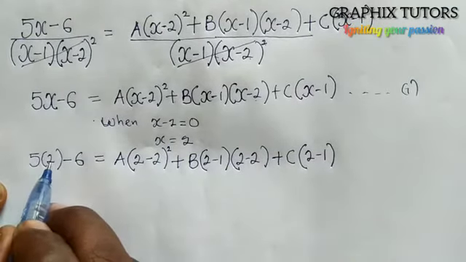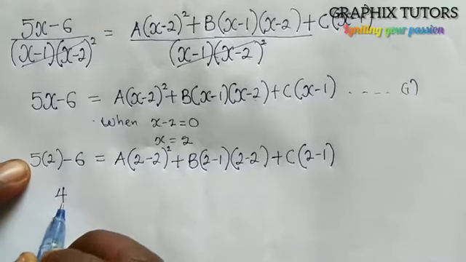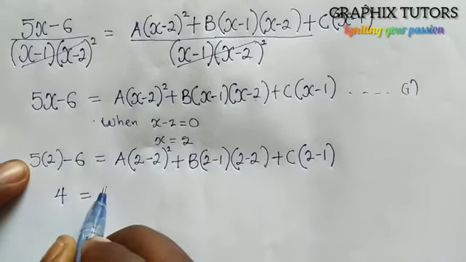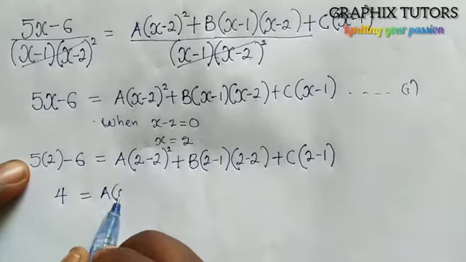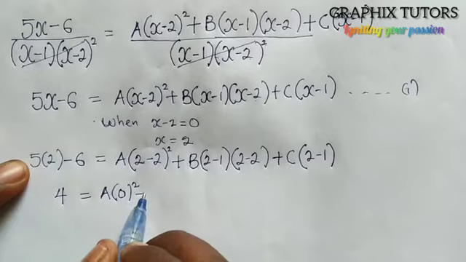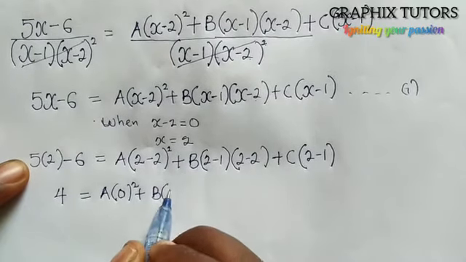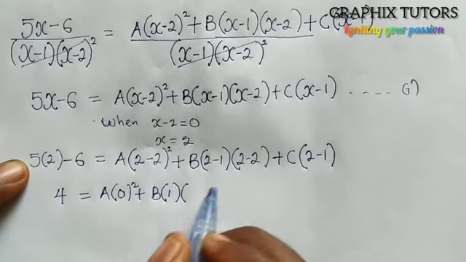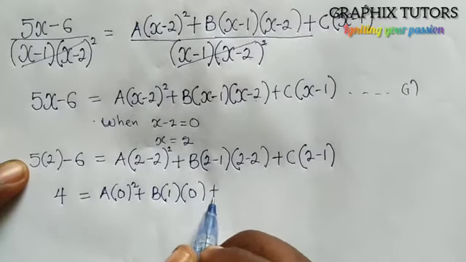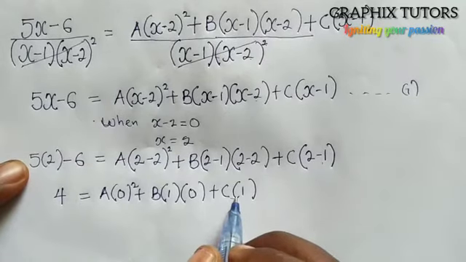So 5 times 2 is 10. 10 minus 6 is 4. Equals to A into bracket 0 squared, because 2 minus 2 is 0, plus B into bracket 2 minus 1 is 1, 2 minus 2 is 0, plus C into bracket 1, because 2 minus 1 is what? 1.